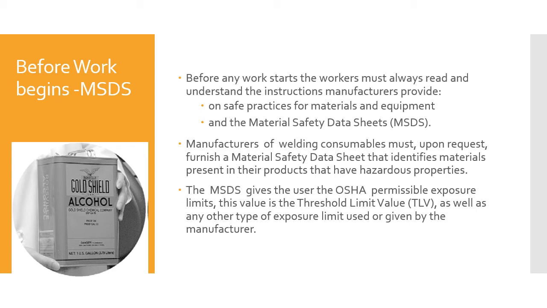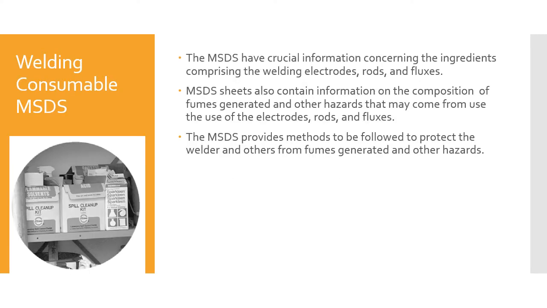The MSDS gives the user the OSHA permissible exposure limits. This value is the threshold limit value, as well as any other types of exposure limit used or given by the manufacturer. Welding consumable MSDSs.